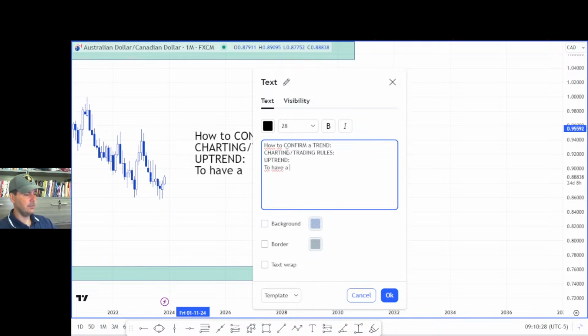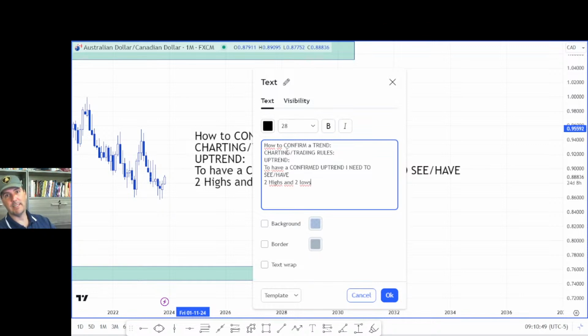To have a confirmed uptrend, I need to see 2 highs and 2 lows.